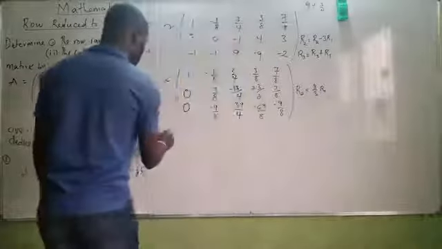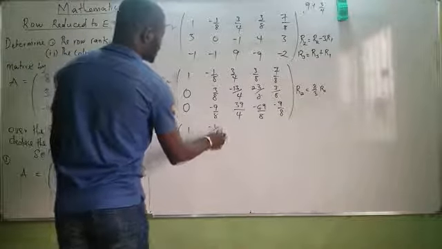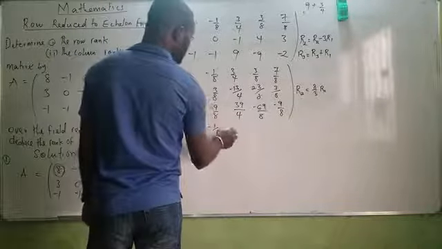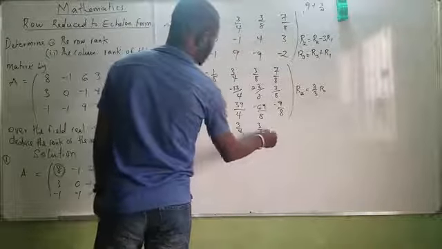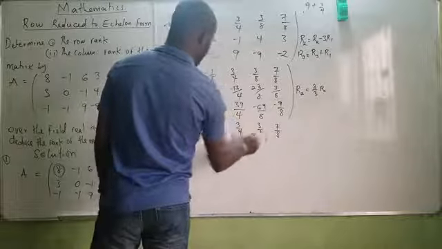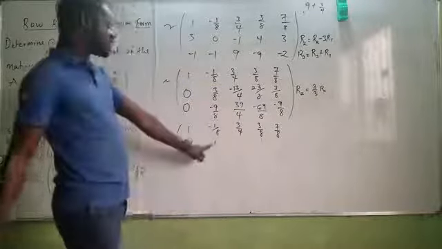What I am trying to do is reduce this to 1, minus 1 all over 8. I want to work on the leading entry, which will give me what I want, and 7 all over 8. Now, this will be 0, this will be 1. That's what I'm trying to work on.